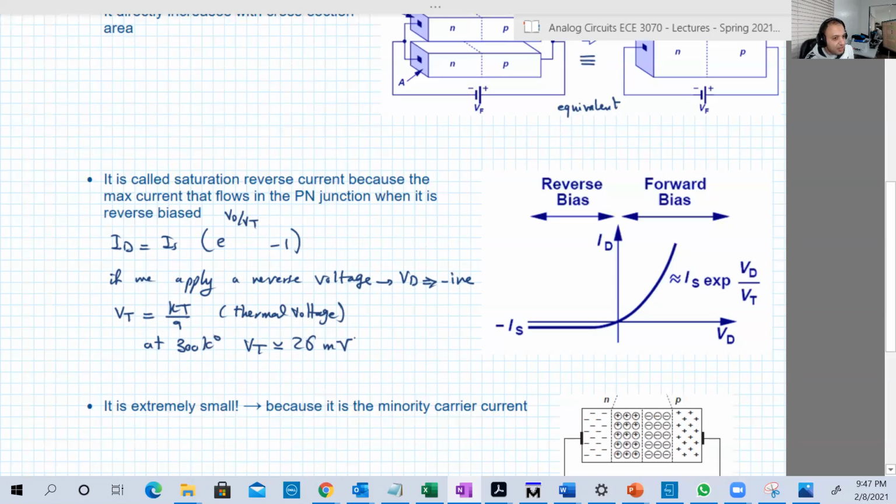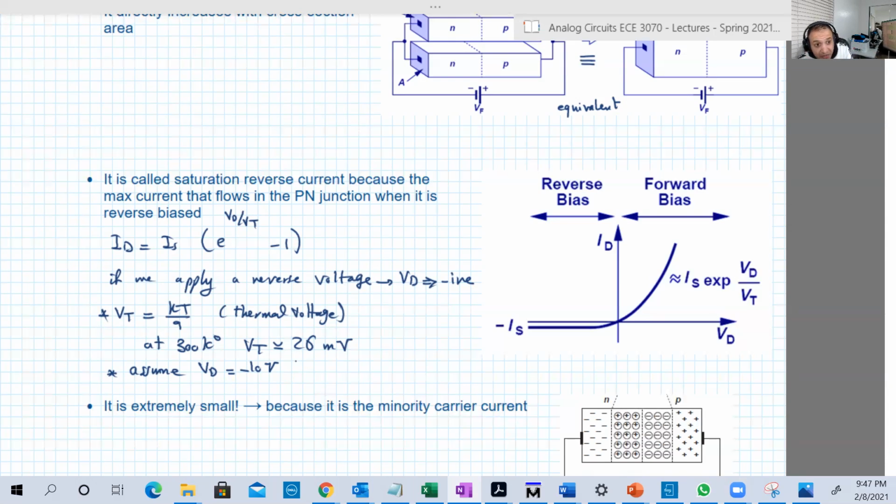Let's put a reverse voltage such that VD is equal to minus 10. So assume VD is equal to minus 10 volt. Remember, this is minus 10 volt, and the other guy is 0.026 volt, which is 26 millivolt.